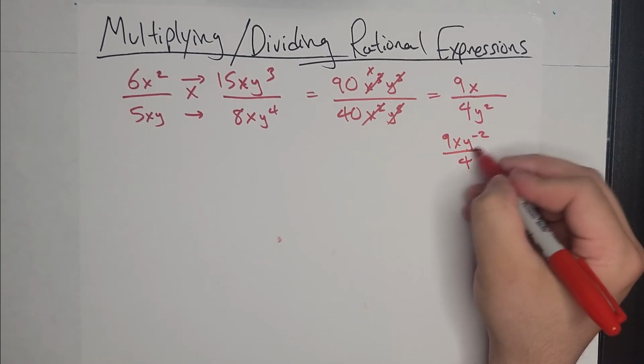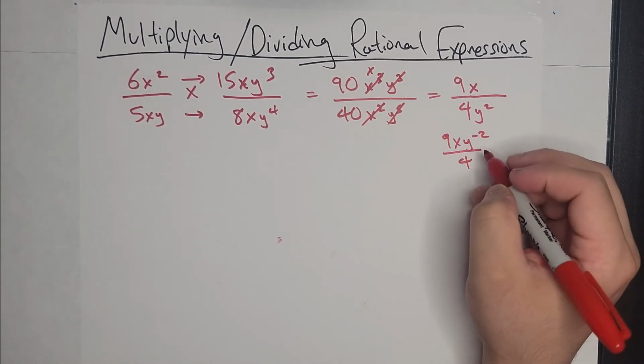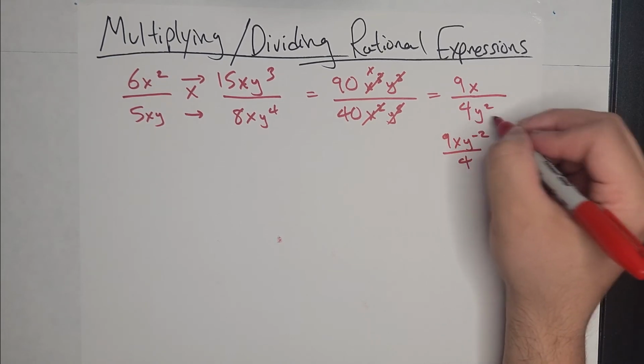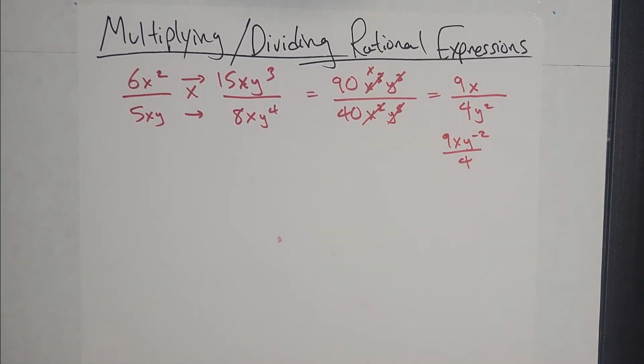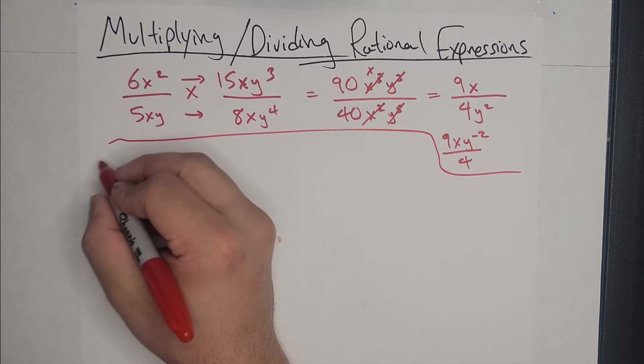But this negative 2 just means it's a 1 over y to the 2. So same as this. So yeah, that has been a very simple one. Let's do something a bit more fun.